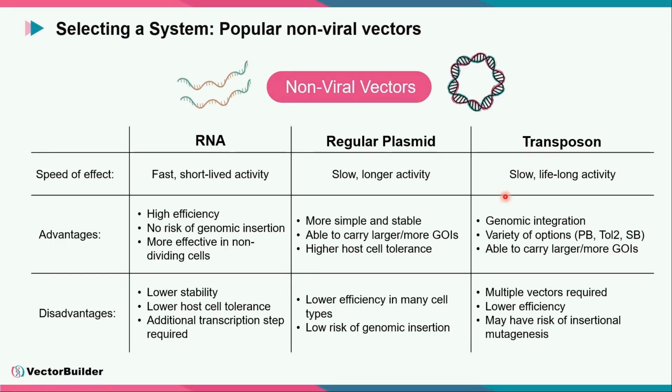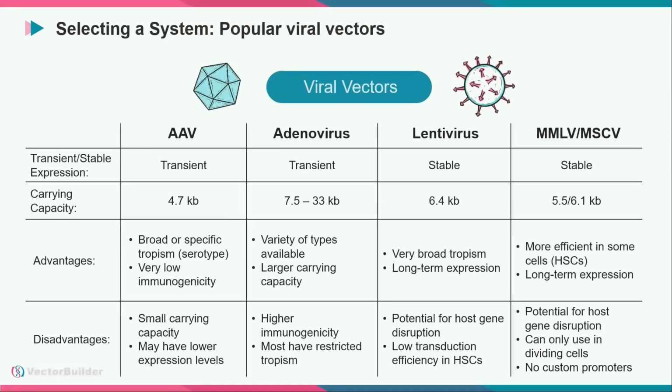So while you should keep in mind these advantages and disadvantages if you're considering non-viral vectors, typically it comes down to how fast and how long you want that activity. And actually, the same considerations are really important for viral vectors.